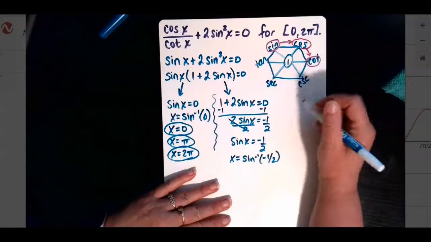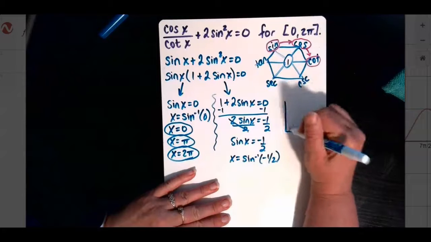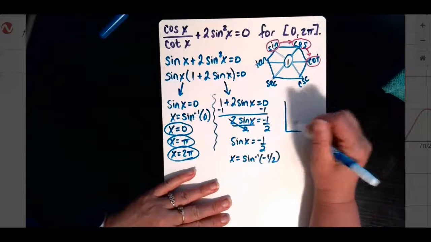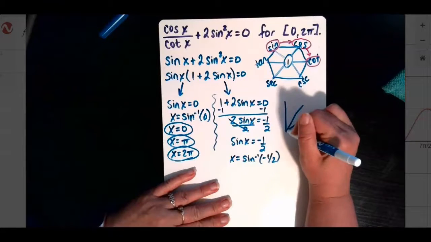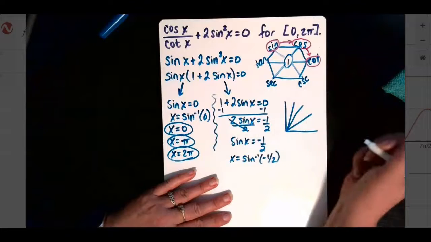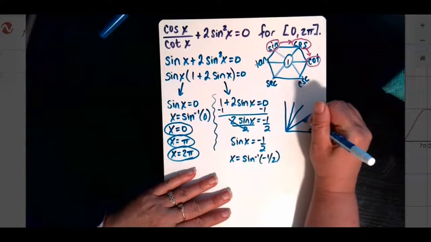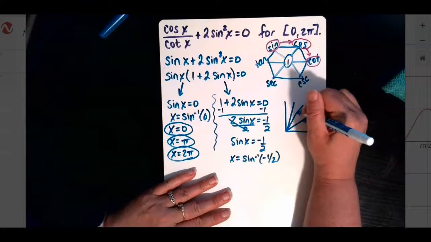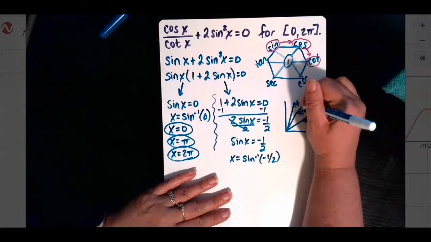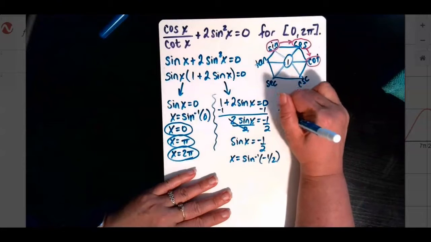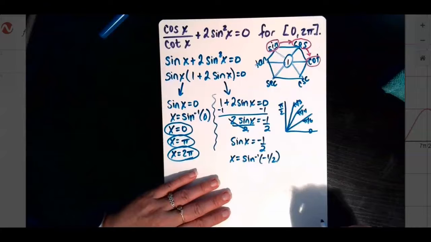So in quadrant 1, those of you that have a unit circle handy, you can go ahead and just look for it in quadrant 1. Everybody else, this is 0, pi over 6, pi over 4, pi over 3, and pi over 2 from the first quadrant.